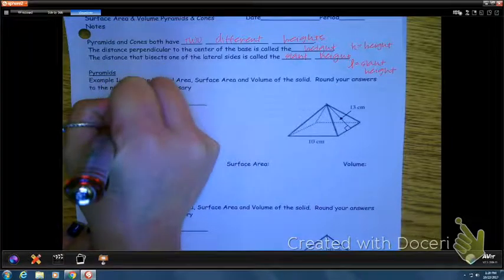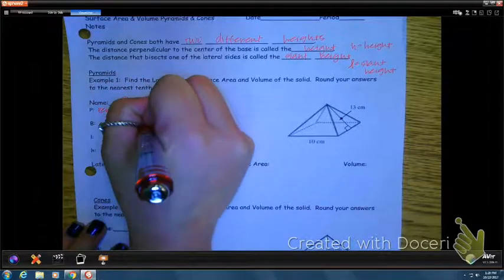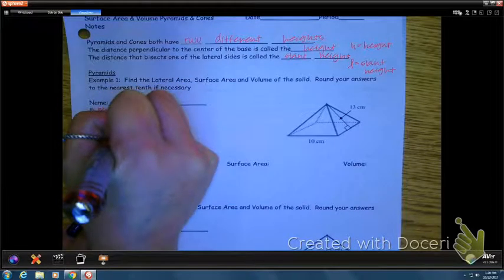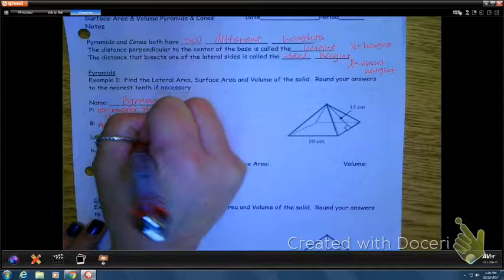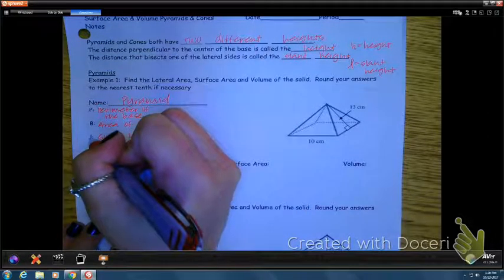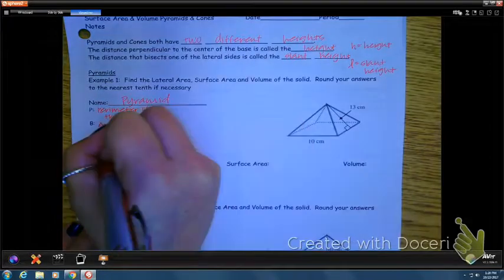Area of the base. Slant height. In your formula, it's more of a cap or of a cursive L. And H is just height.